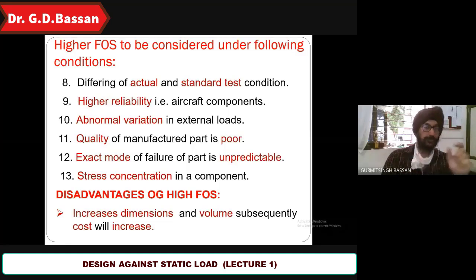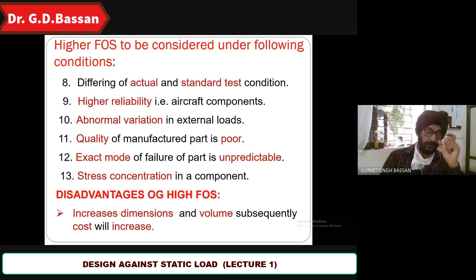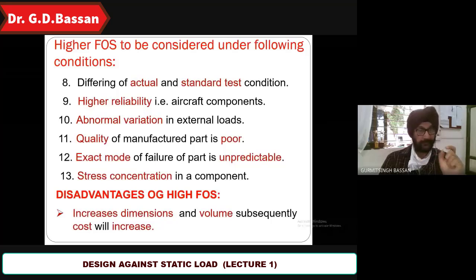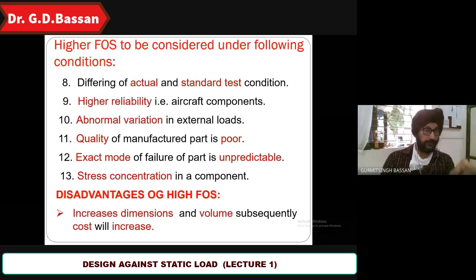Subsequently, the cost will rise. So always we have to take the factor of safety as optimum as possible, and only in certain conditions, certain atmospheres, we have to increase the factor of safety or take the higher factor of safety.